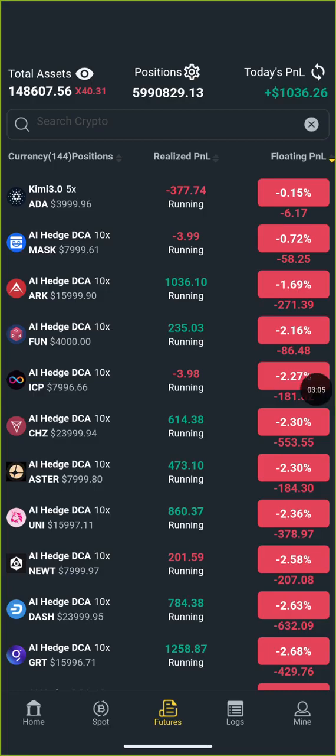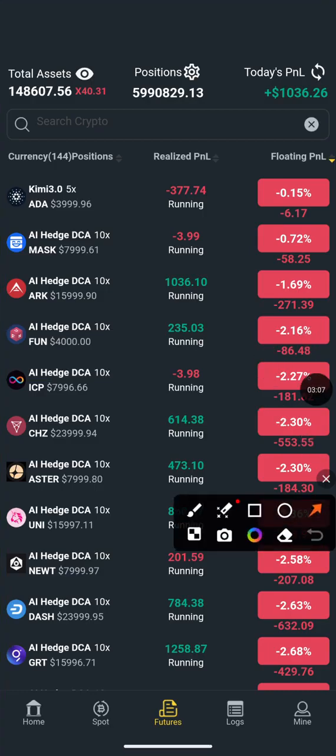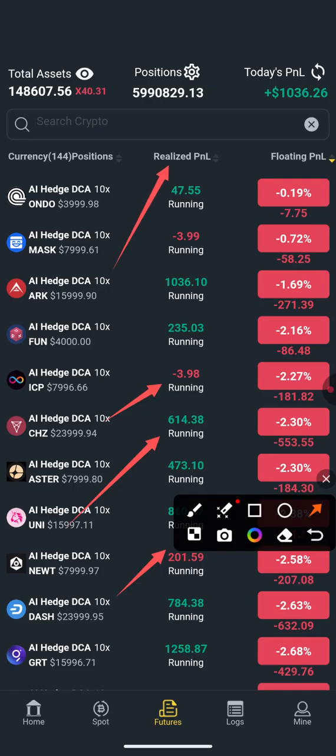You can see here, when you see the greens and then you see maybe red here, this just means that your realized P&L is more than the floating P&L of that particular coin.